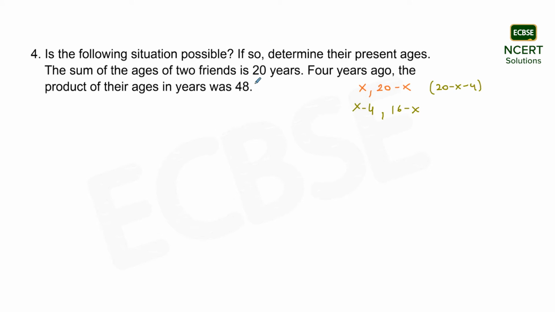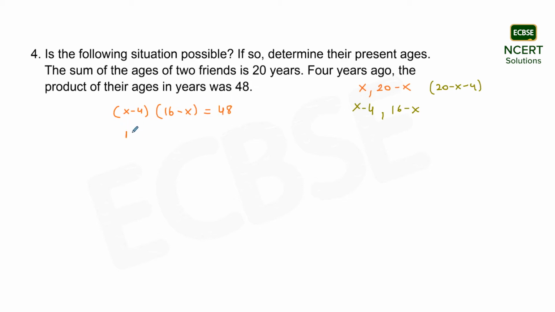So if we read the question again, it says 4 years ago the product of the ages in years was 48. Means the product of the ages 4 years ago of the two friends, x minus 4 and 16 minus x, will be equal to 48.